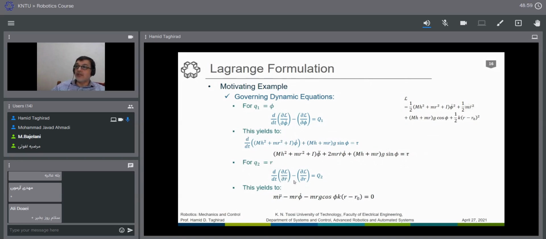And with respect to r, we have this part and this part in the equation, and then making the derivative would give us these three terms done in here. And also this part comes into the picture, and then we have only three parts in here with no external forces, no friction, no external forces. These two equations would be the governing dynamic equations that we have in here.